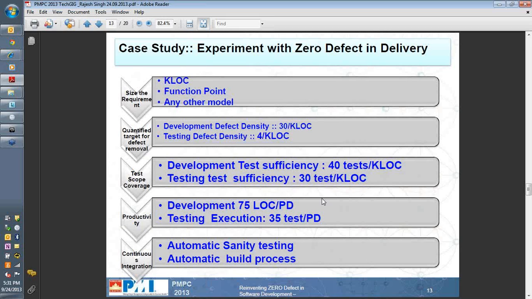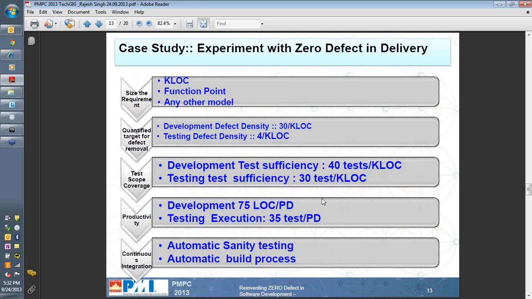In the development defect density, we have the KLOC based sizing system. We have a standard that any developer must try to find at least 30 defects per KLOC before he says that my code is stable and good to go for the next phase.